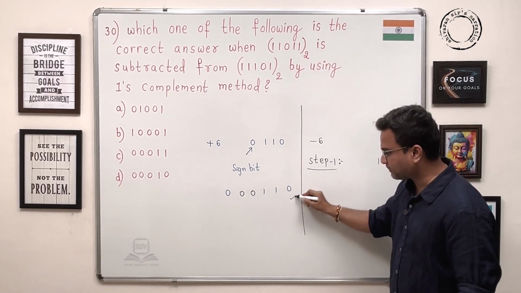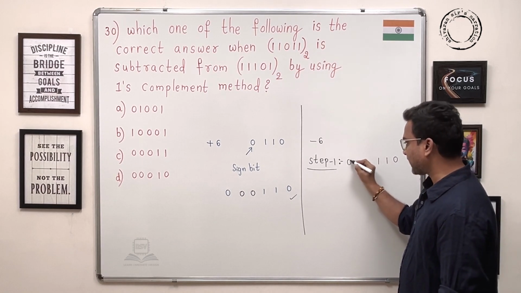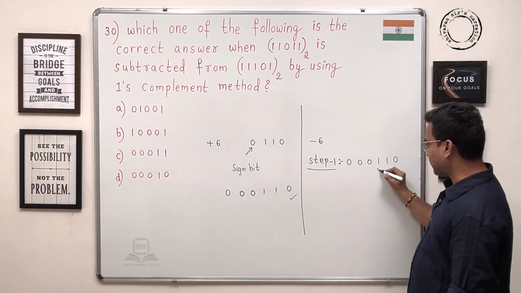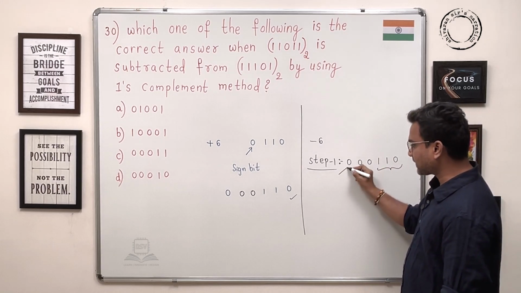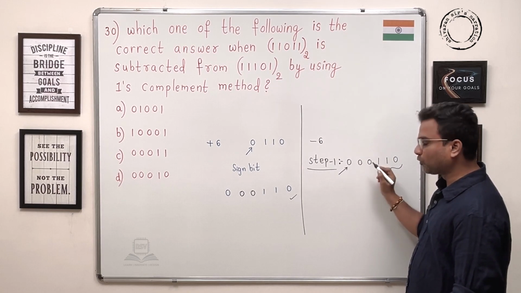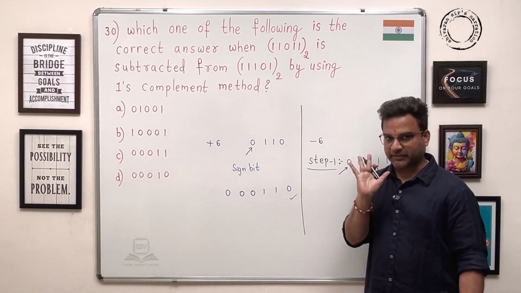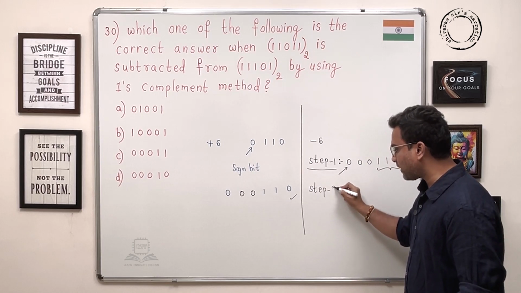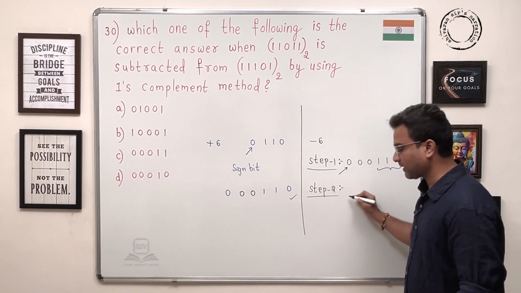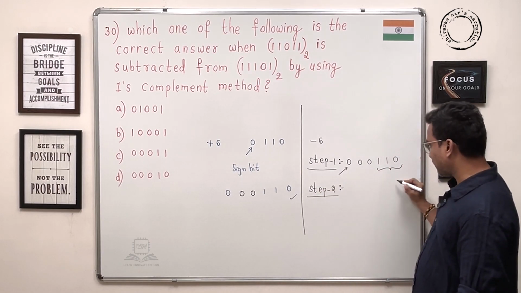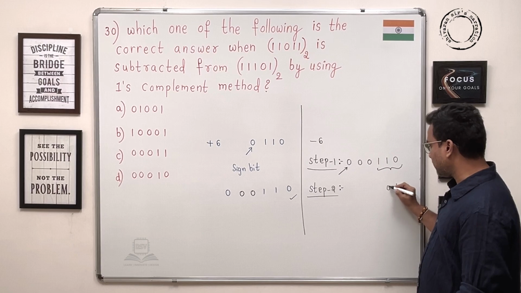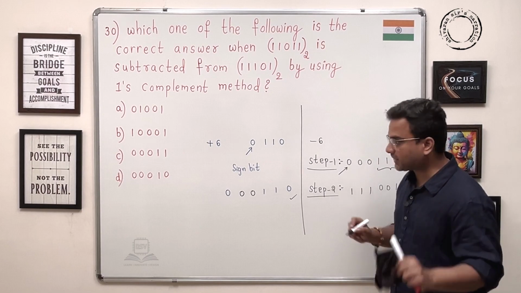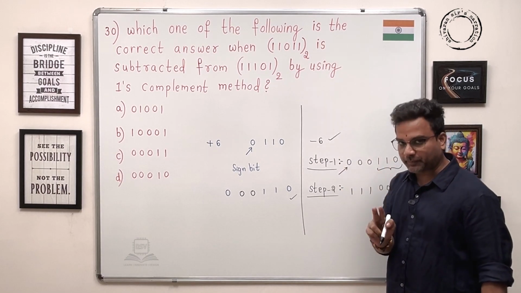Let's assume with 6 bits, so this is 0 sign bit and 2 more zeros. This is the magnitude bits, this is the sign bit, and we added extra 2 bits because we want to represent in 6 bits. Then step 2, you apply 1's complement to this sequence. Therefore it is 111001.